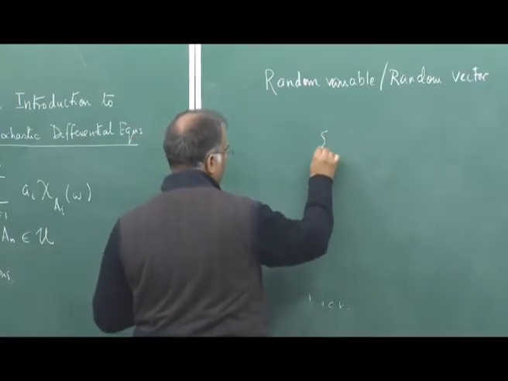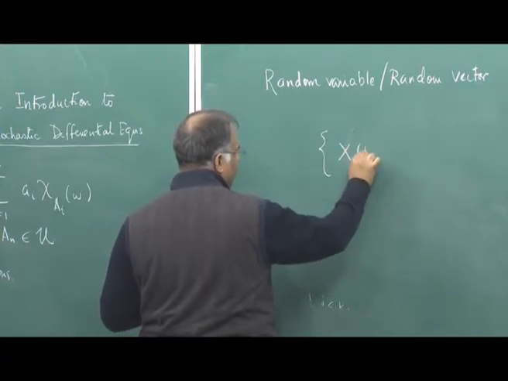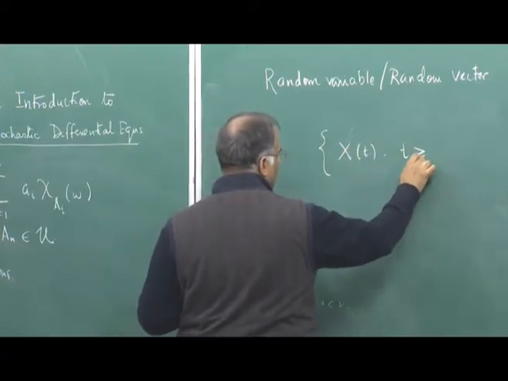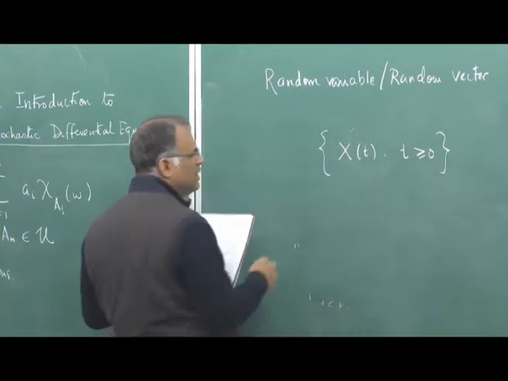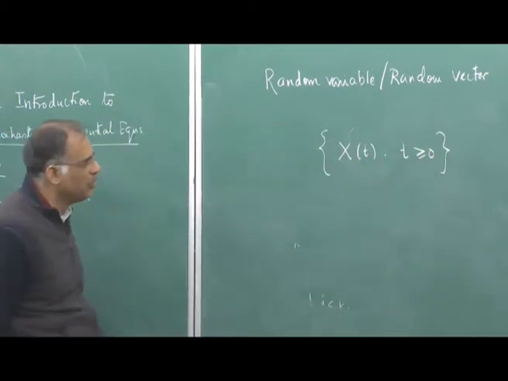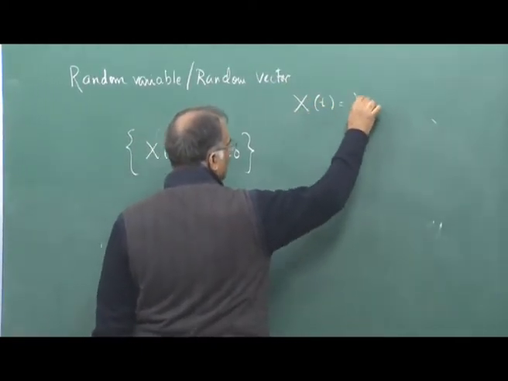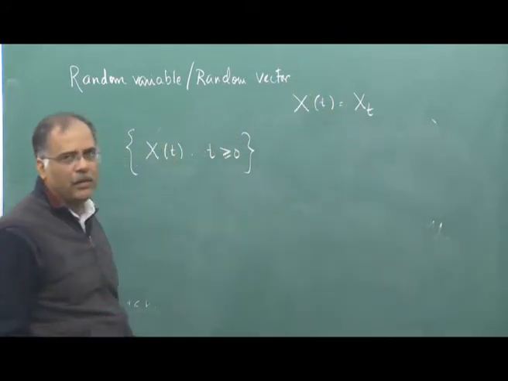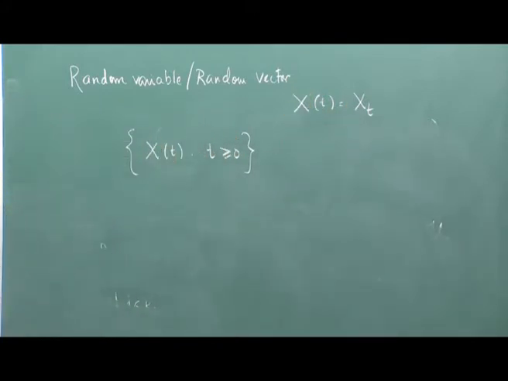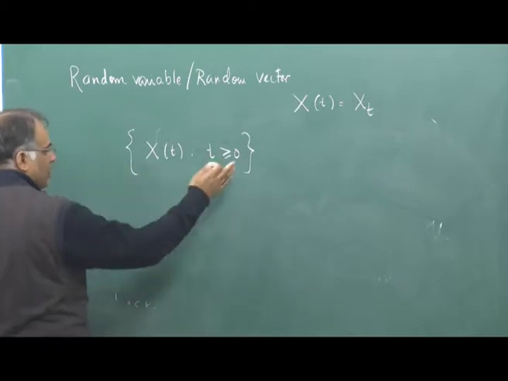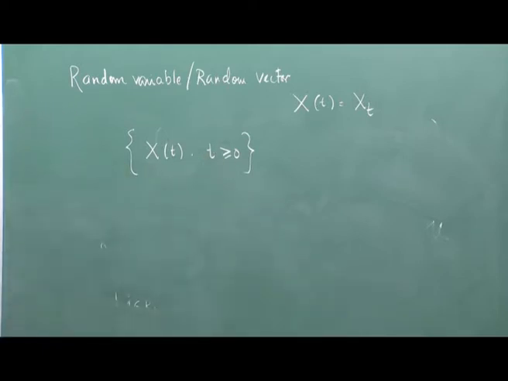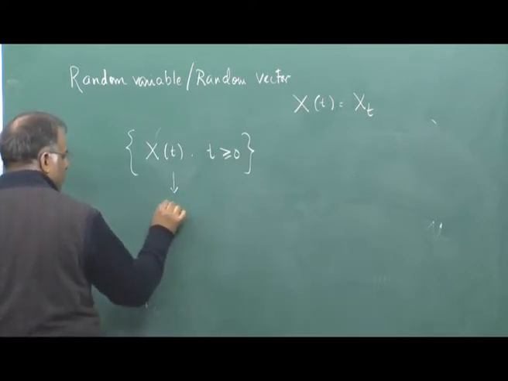So, you take a collection of random variables; for each t, which essentially denotes time, this Xt is a random variable. Sometimes some authors write it as X of t. We will maintain the symbol Xt here, because it is much more helpful for handling certain things. This collection could be infinite of course, or it could be finite also.